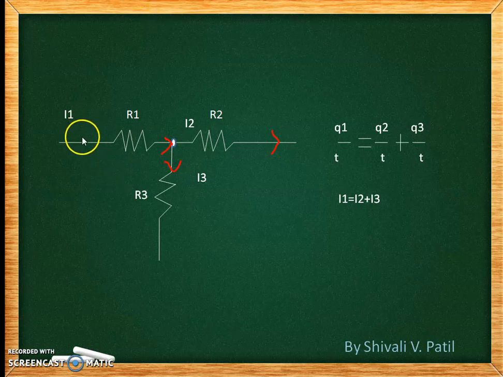That is, Q1 by t is equal to Q2 by t plus Q3 by t. And Q1 by t is I1, Q2 by t is I2, Q3 by t is I3. Therefore, I1 is equal to I2 plus I3. Here, I1 is the incoming current and I2 and I3 are outgoing currents.